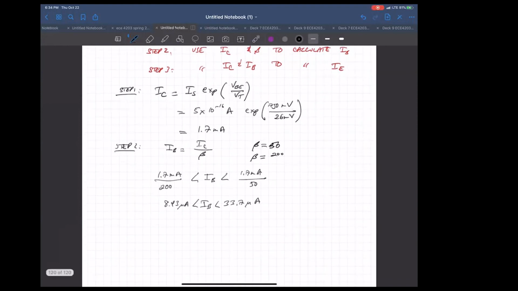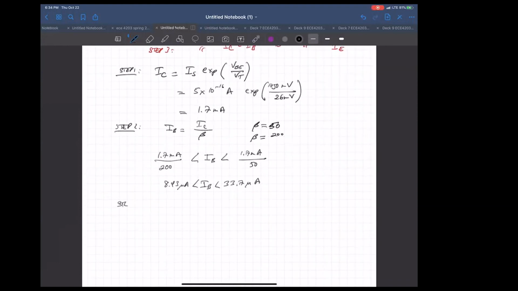Okay. And step 3 is calculate I sub e, and I sub e is just equal to I sub b plus I sub c.